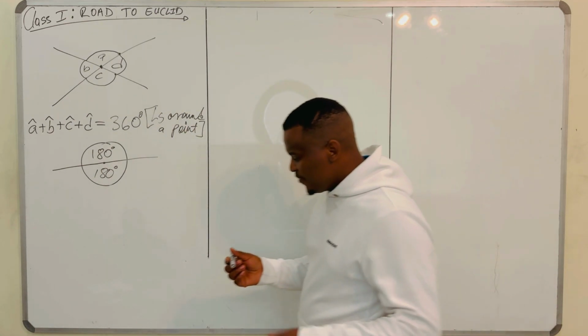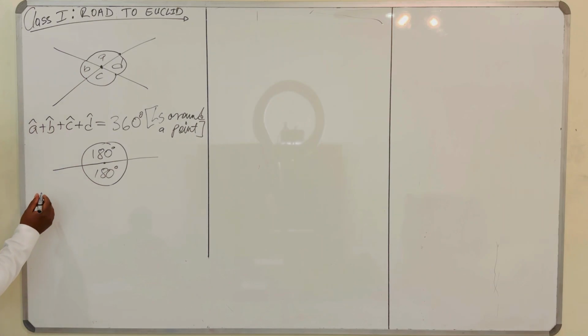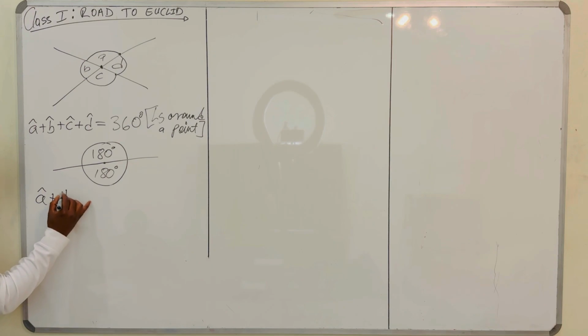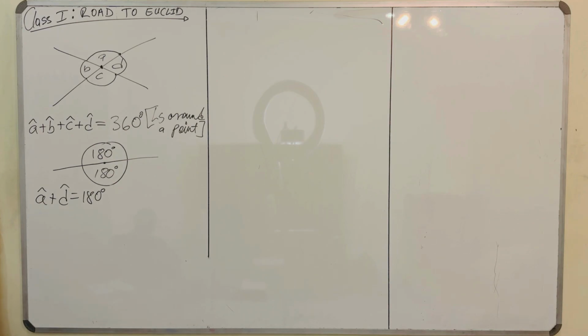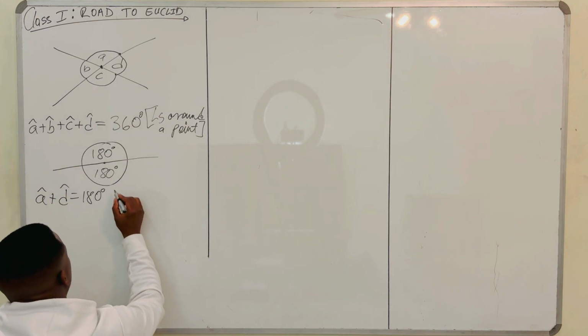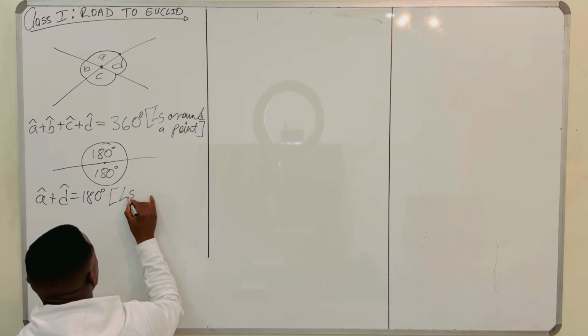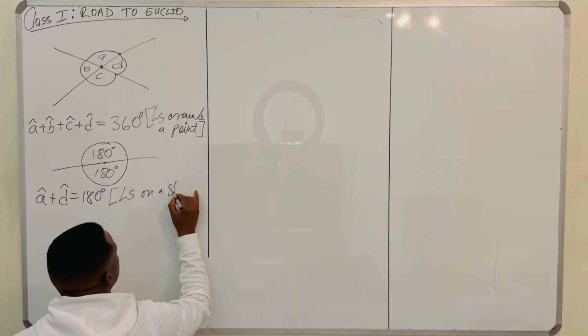Yes. So if I were to say angle A plus angle D, what should I get? 180 degrees. Why do you say that? Adjacent angles on a straight line. Let's just say angles on a straight line.